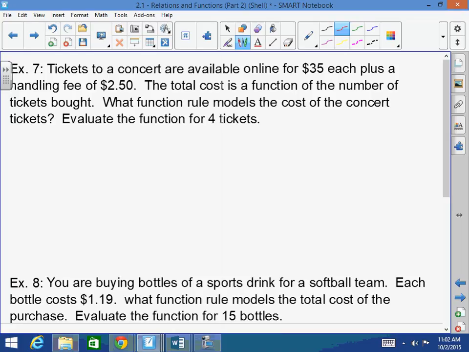Well, f of x, remember f of x is the same thing as y. So f of x equals $35 for each ticket x plus a $250 handling fee. That's the function. I want to find the value of this function, the cost, when x is 4.